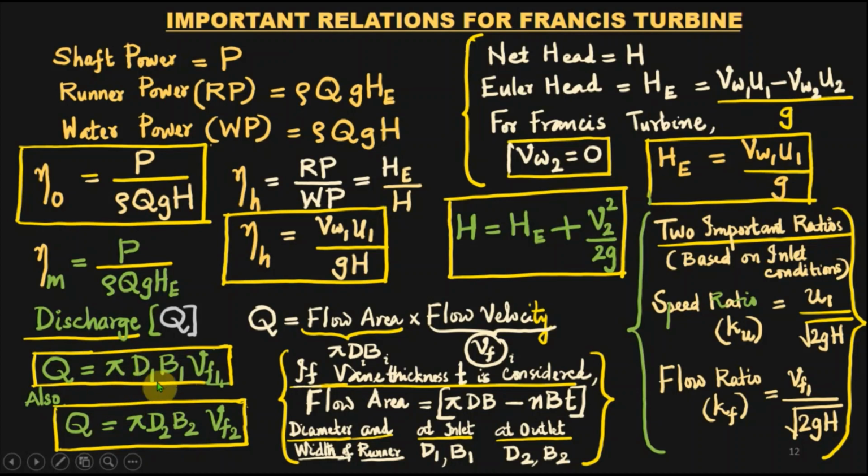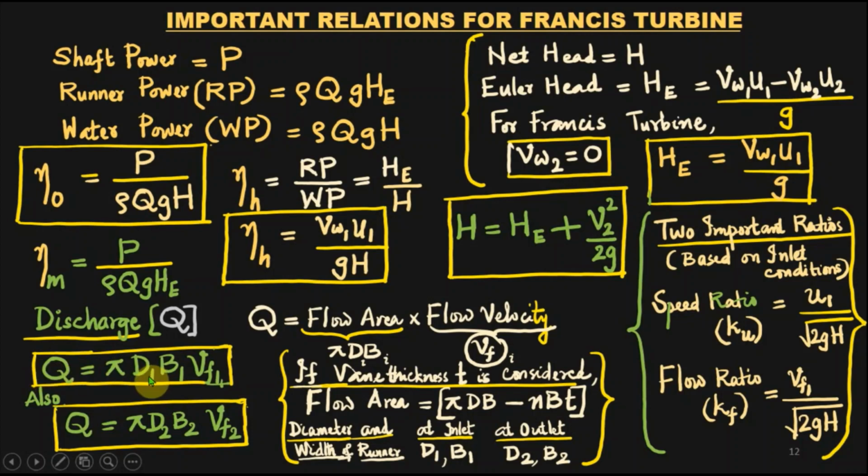So pi d1 B1, that is the circumferential area, multiplied by the flow velocity at inlet, that is Vf1. That is the radial component of the absolute velocity of water at inlet. So pi d1 B1 Vf1 is theoretically equal to the discharge or the flow rate that is entering the runner at inlet.